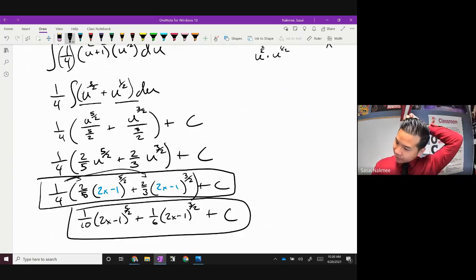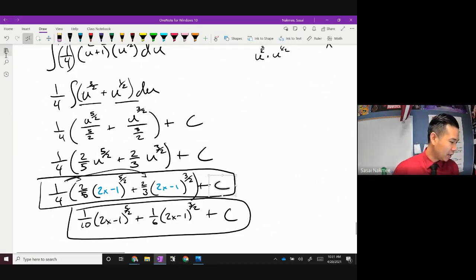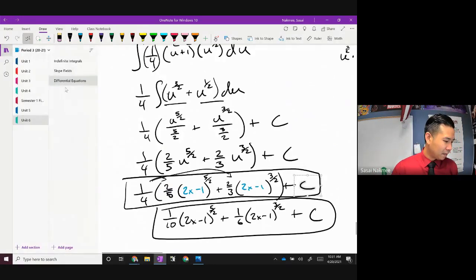The technique gets a little bit weirder. I don't think we have time for it. There's one I wanted to show, but I don't think it's going to be tested. So that's why I'm hesitant to show you. But let's just do it anyways. Oh man, my notes are all over the place.